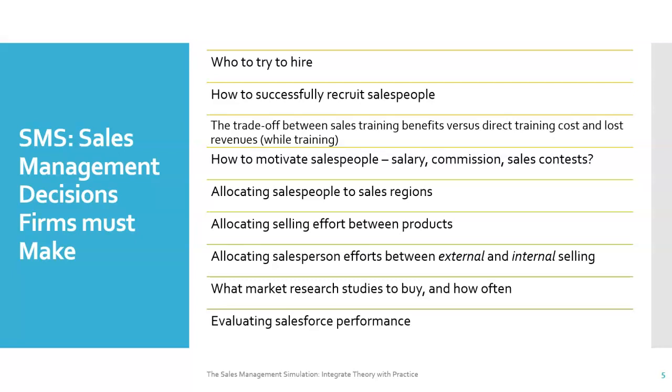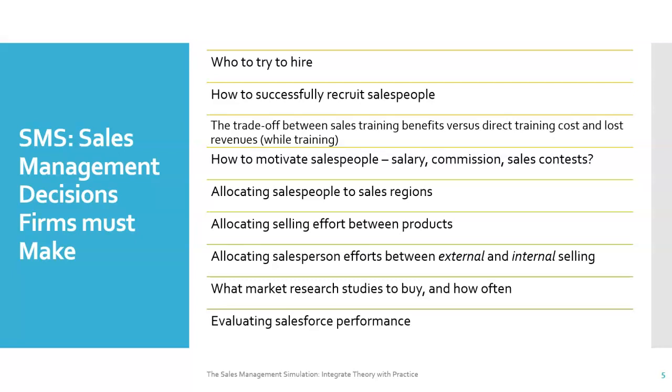Another decision. What's the commission? So commission will be the same across everyone, but where do you set that commission rate? Do you use sales contest? Another big thing is, how are you going to allocate salespeople to different sales regions?